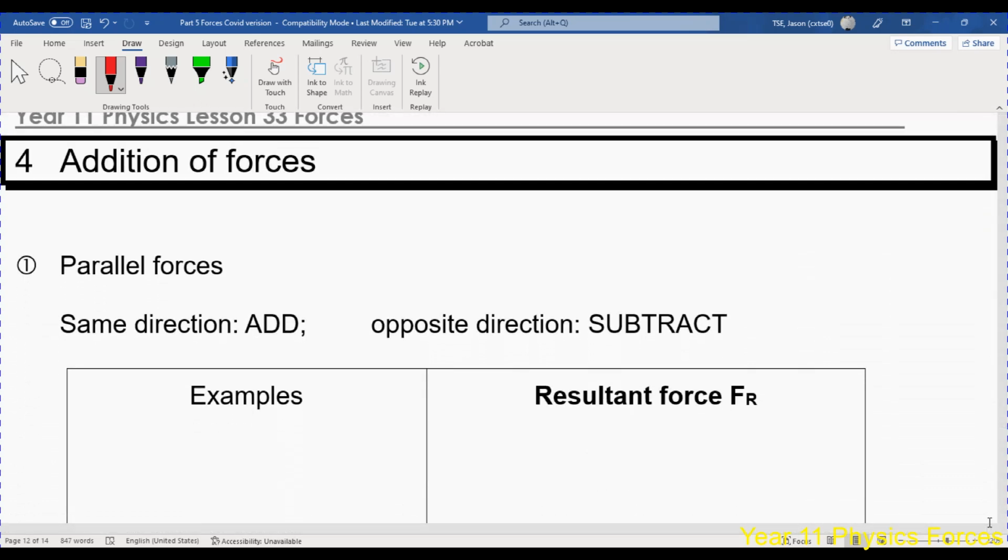All right, so let's think about how we can add forces. Let me ask you one question.